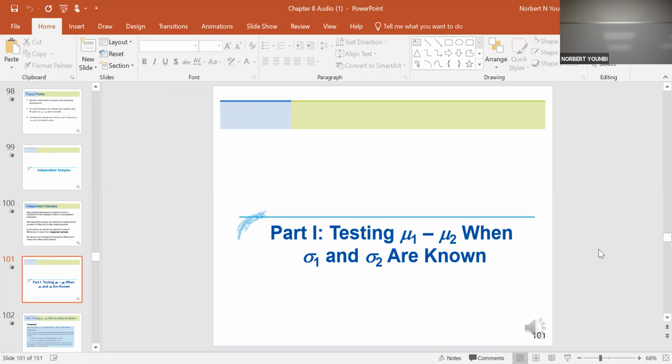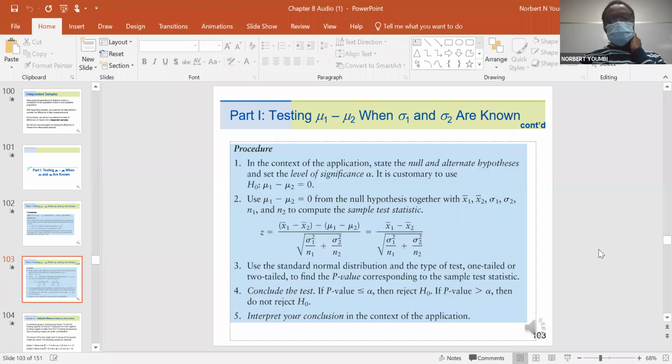On your calculator, you will have a two-sample Z test and a two-sample T test. If both sigmas are known, we use the Z test with the formula here, which is essentially taking the difference of the sample means and dividing by the standard deviation of the distribution of the difference of sample means, which is the square root of sigma 1 squared over n1 plus sigma 2 squared over n2.